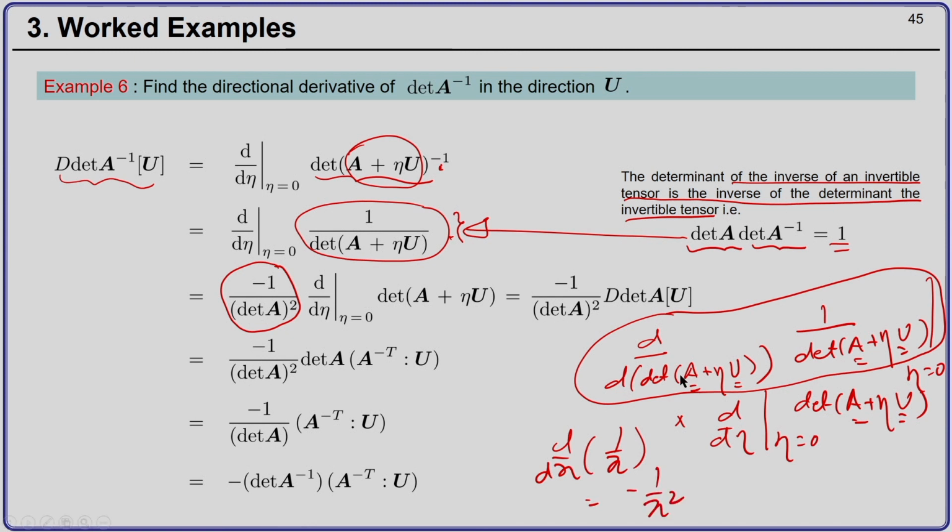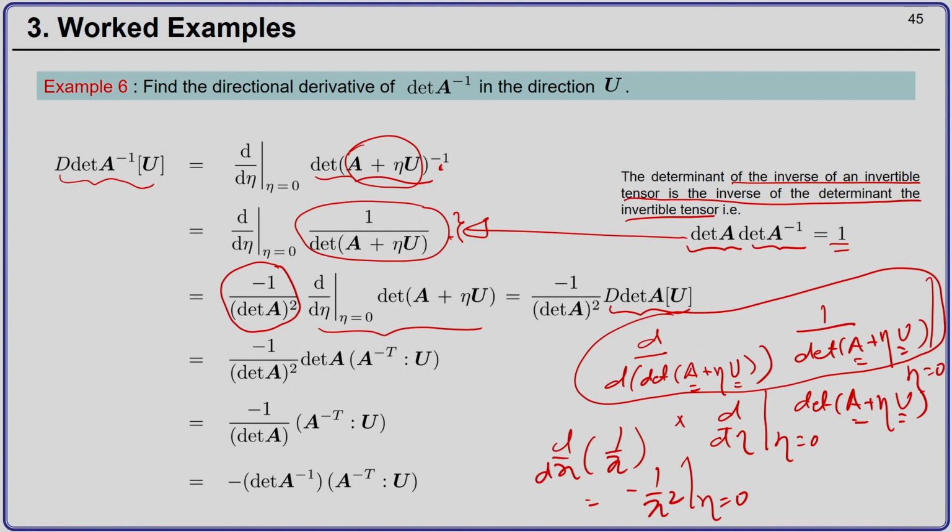X here is determinant of A plus eta u, and then you have to evaluate that at eta equal to 0, and when you substitute eta equal to 0, you are left with determinant of A. So, the first term is minus 1 upon determinant of A the whole square, times d by d eta at eta equal to 0 of determinant of A plus eta u. Okay. So, d by d eta of determinant of A plus eta u is nothing but the directional derivative of determinant of A in the direction u. This we have already computed. Okay.